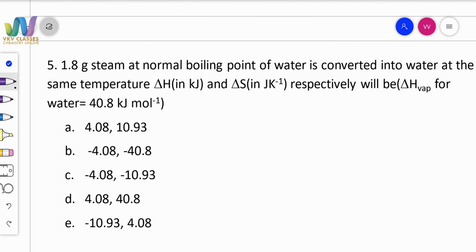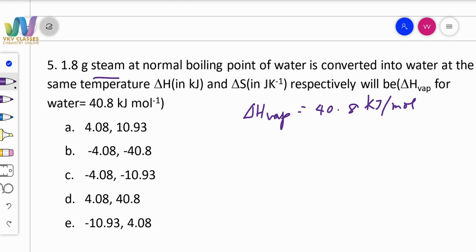1.8 gram steam at normal boiling point of water is converted into water at the same temperature. Delta H in kilojoules and delta S in joules respectively will be? You are given delta H vaporization of water is 40.8 kilojoules per mole.